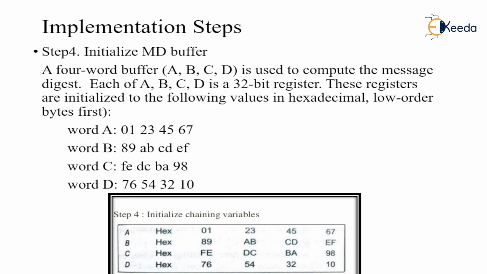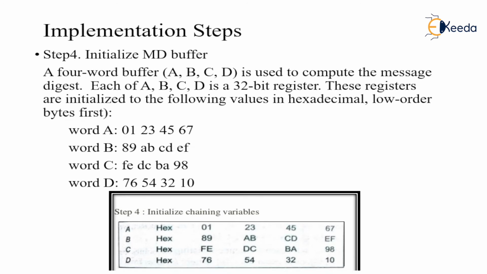So word A has the hexadecimal values 01, 23, 45, 67. Word B has 89, AB, CD, EF. These are the fixed hexadecimal values for these 4-word buffers. The diagram also tells you.